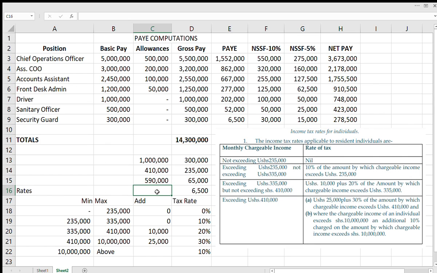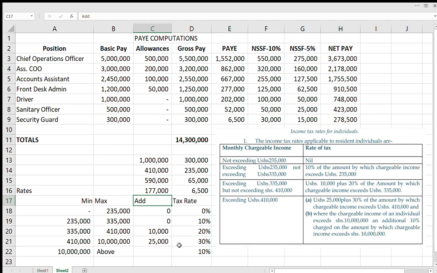So what we do is, if the person is within this range, on this chargeable amount you get 30% of it. So what is 30%? 590,000 shillings times 30%.